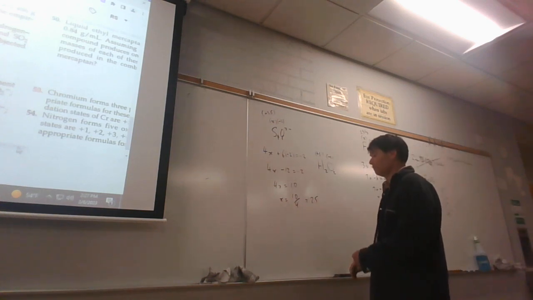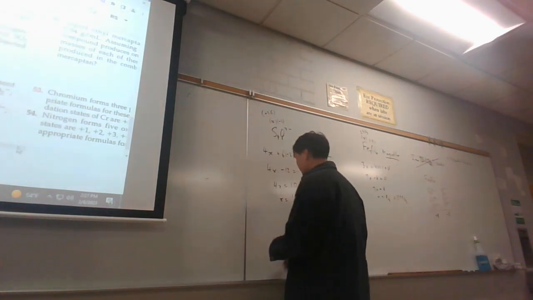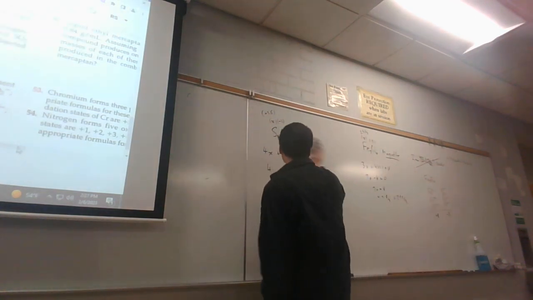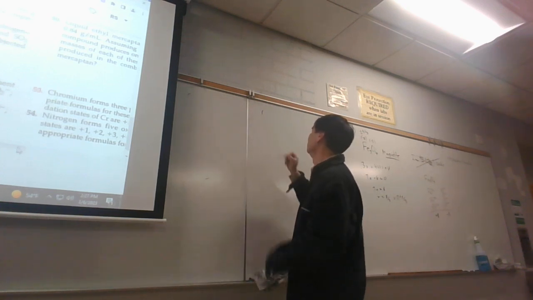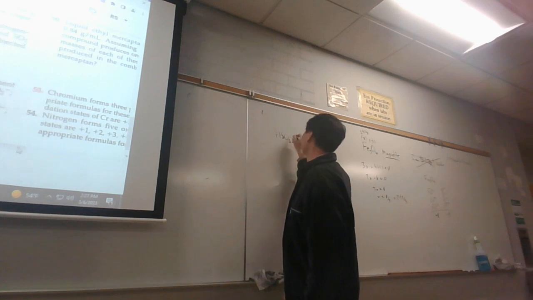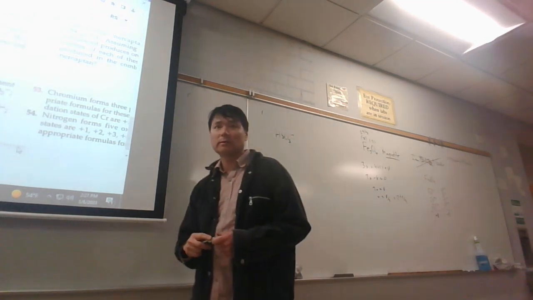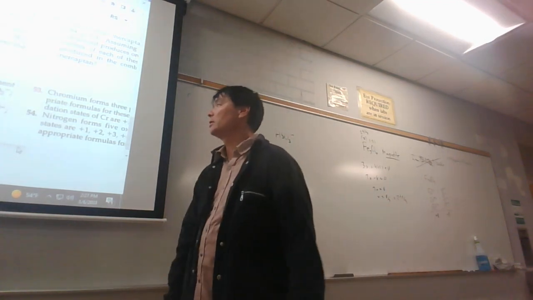Okay, because they have it as hydrogen sulfite. That's fine. That's another name for bisulfite. Another name for bisulfite is hydrogen sulfite, HSO3 minus. Good. So you could use either.